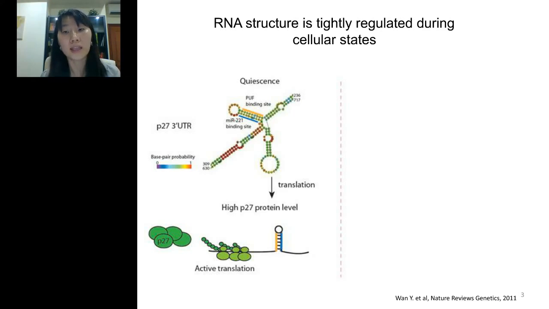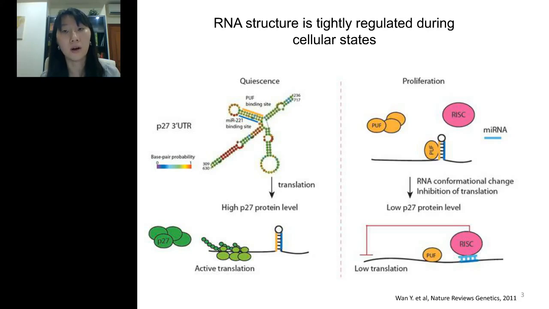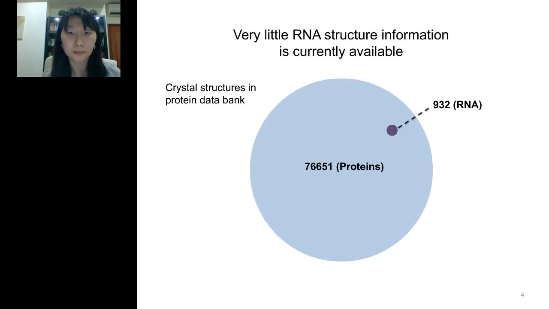When the cell is ready to exit quiescence into the cell cycle, into a proliferative state, the RNA binding protein PUM1 binds to the 3' UTR of P27, resulting in a structural change in the RNA conformation. Now this microRNA binding site is available for binding, and hence there is repression of P27 translation, and the cell can enter a proliferative state.